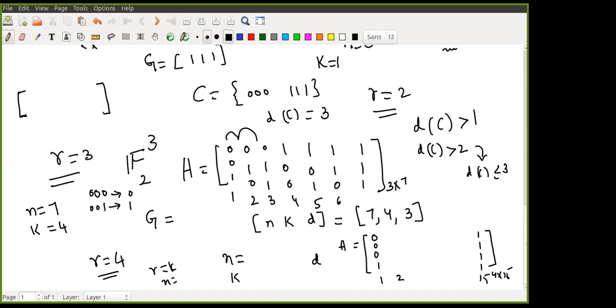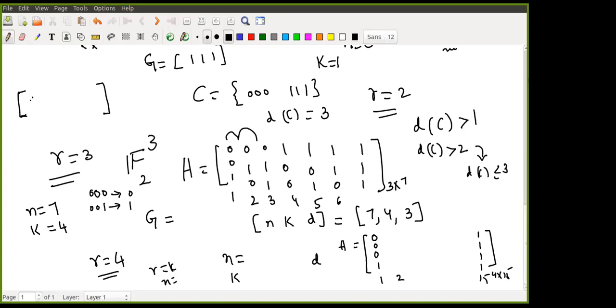In this case, what are the parameters of the Hamming code? [n, k, d], can somebody tell me? For the r equal to 4 case, what is the n value? 15.